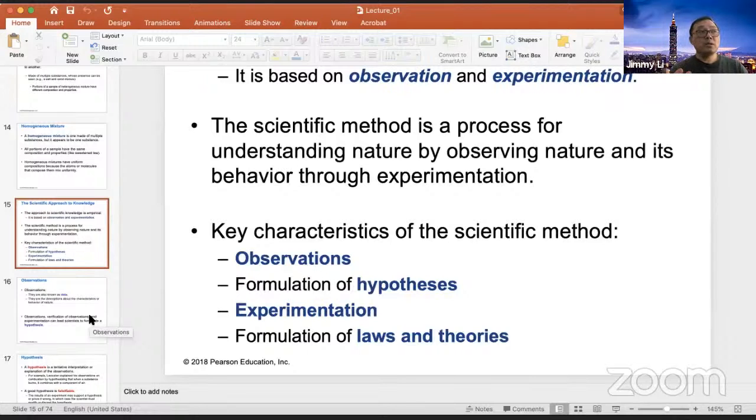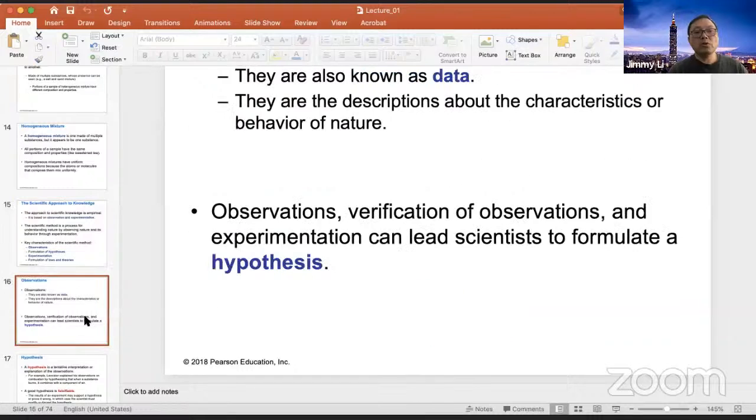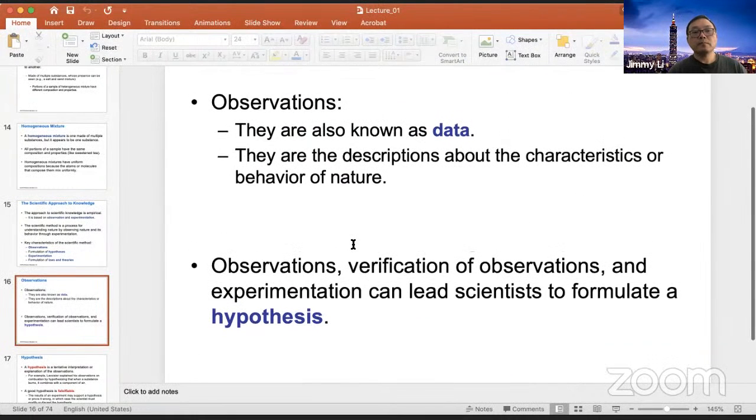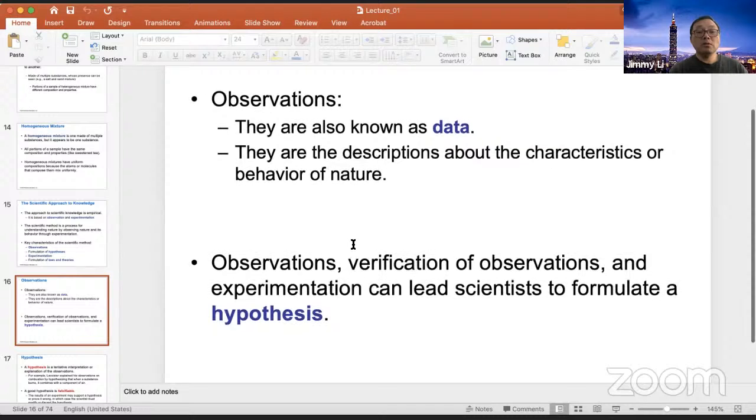The experiment is something that will allow the scientist to decide what the possible laws or theories are. So the experiment needs to be reproducible. That's quite important here. It's not something where you do it and get one result and I get another result. That experiment won't be considered working. So this is observation, and I'll go through it very quickly.